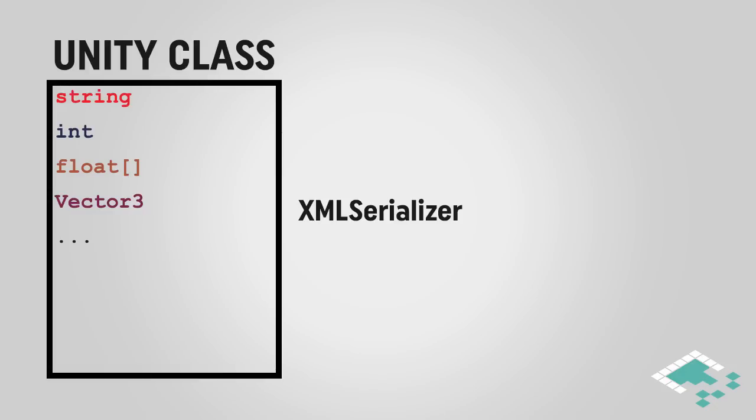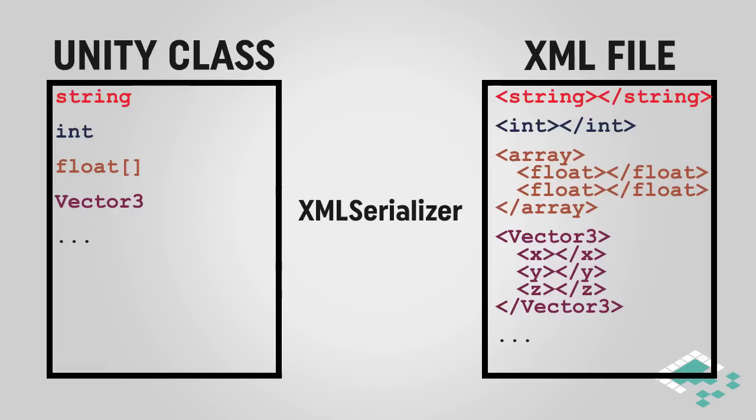And so what happens is you add this XML serializer, and what that does for you is it will automatically find or create an XML file for you, and you can either read from it and put it into your game, or write to it and save it. And that really is the crux of what makes this such a great system: you can take a surprising variety of information in a class that you've set up and port it almost seamlessly.